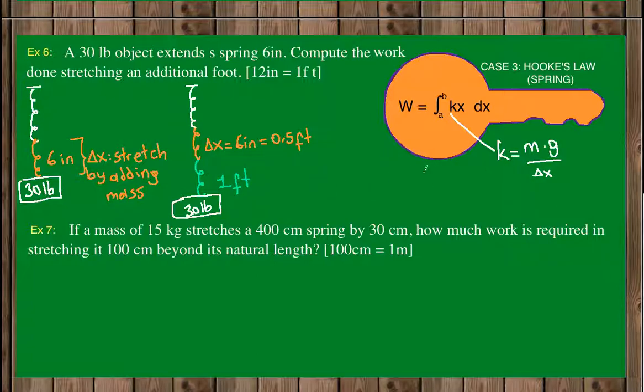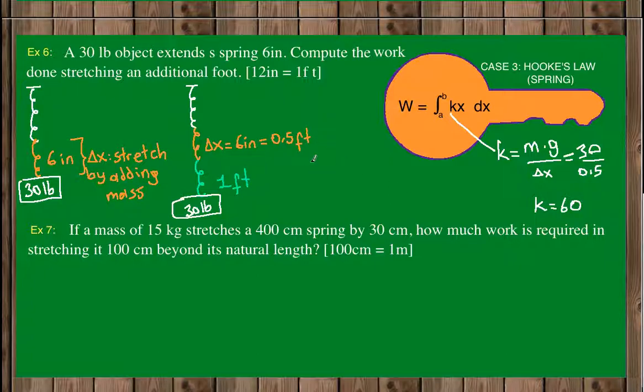If it is not in the metric system, you can ignore the gravity. So in our scenario, our mass is 30 pounds, and our delta x, which is the stretch by adding mass, is 6 inches, which is half, 0.5 foot. So 30 divided by half, which is 60, is our k, the spring constant.